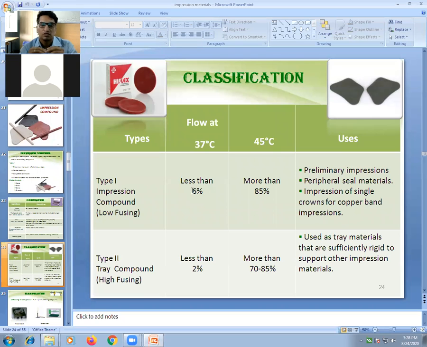Suppose I use it for impression making. What are the requirements? It should be flowable.